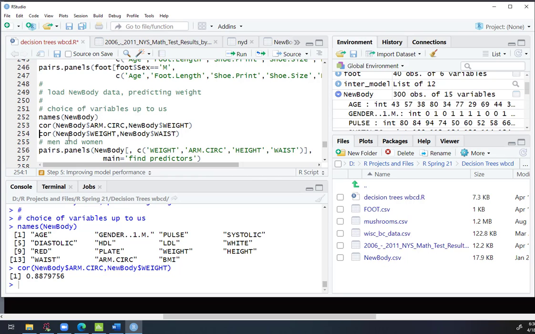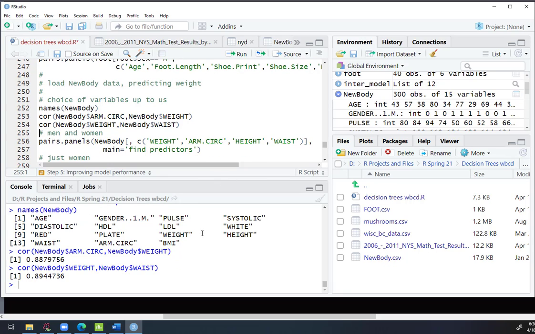And just to do it again, in line 254, I'm going to calculate the correlation between weight and the waist measurement. And if we run that, we see that I've got a correlation of even more, 0.8945.